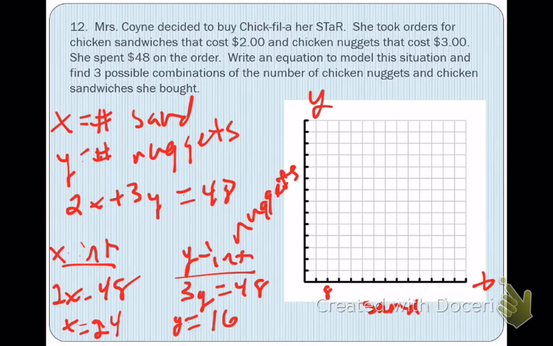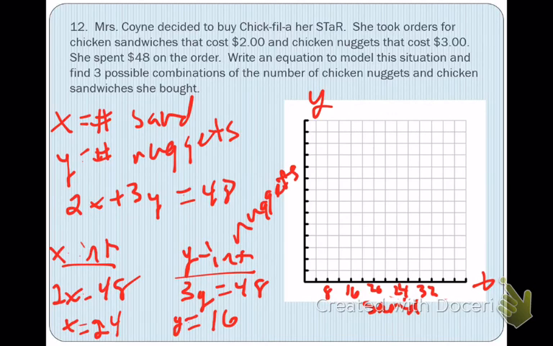So this is going to be 8, 12, 16, 20, 24, 28, 32, okay? Oh, wait. Weird. 16, 18, so 20, 22, 24, 28, 32, and so on and so forth.